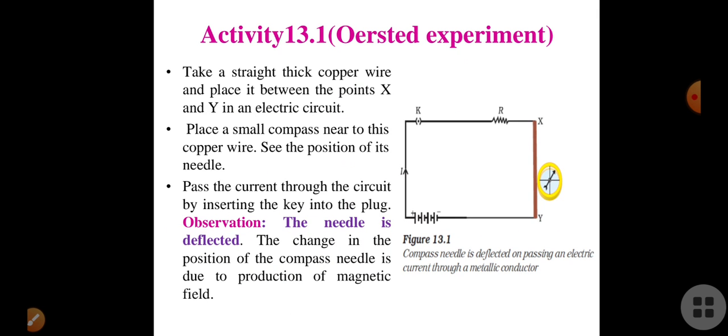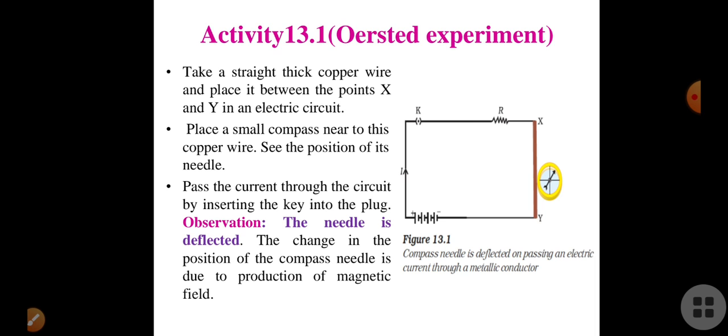Now activity 13.1, Orsted's experiment. In this experiment, we take this XY, a thick wire, and we join it with a resistance wire, key and a battery, and then we place a compass needle near it.